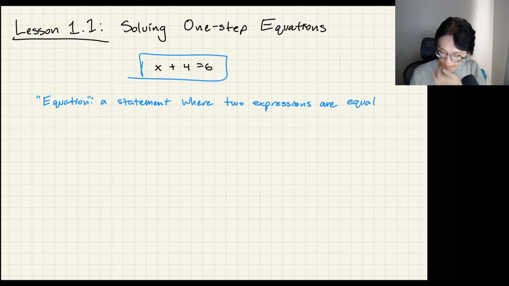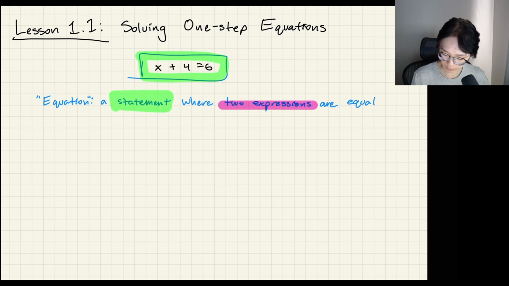What does that mean? We have the statement, the big old thing, or two expressions. We have x plus 4 and 6 are equal, and an equal sign. So the equation is the whole thing, where two expressions are equal.